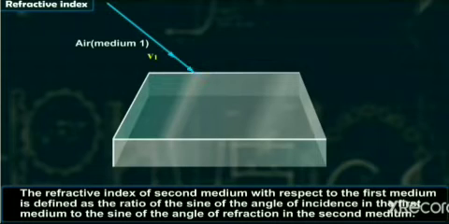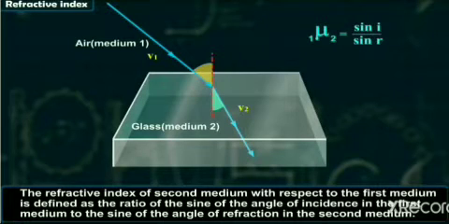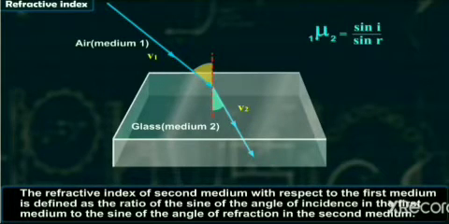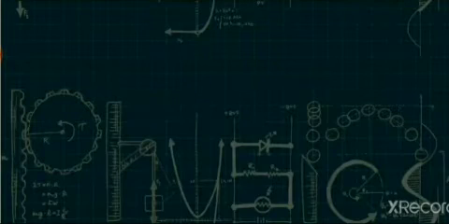Refractive index. The refractive index of the second medium with respect to the first medium is defined as the ratio of the sine of the angle of incidence in the first medium to the sine of the angle of refraction in the second medium. Unit. The refractive index has no unit as it is the ratio of two similar quantities of light in different media.